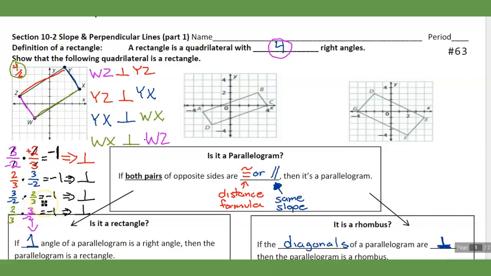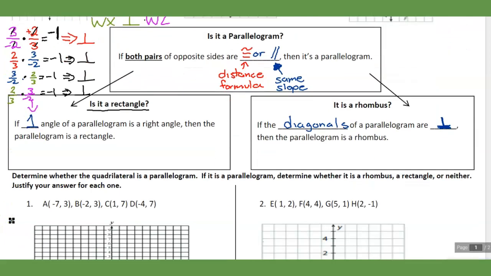Okay. So just to review, I don't think we need to go through these other ones just to repeat that process, because really, we're going to use this property right here, where we just have to do this 1 time, not 4 times. So step 1 for all of these is going to be trying to show, is it a parallelogram, and if yes, we're going to go here and here.